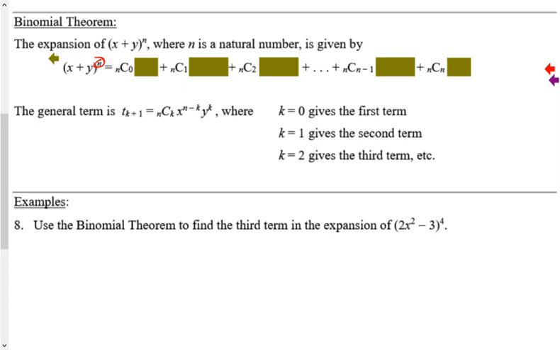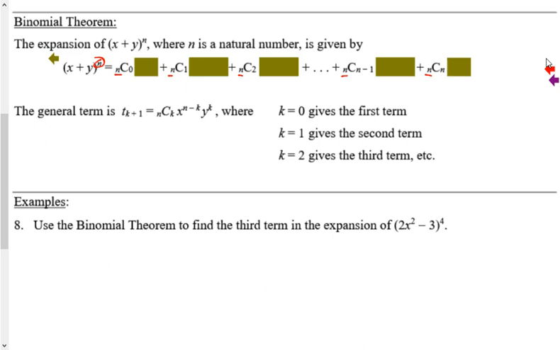So in all my combination calculations, I have n choose 0, n choose 1, choose 2, and then it's going to continue on until I get n choose n. So the question we just did, we started with a 4 choose 0, then we did 4 choose 1, 4 choose 2, 4 choose 3, and we stop at 4 choose 4. So when my r value equals my n value, that's when we stop.